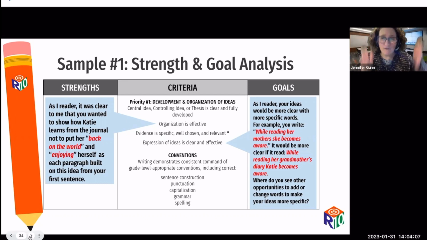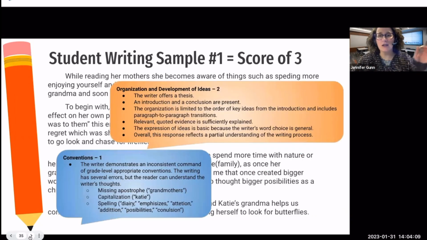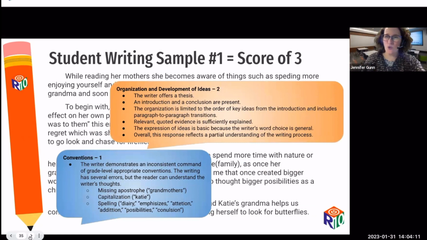Now, that feedback should align with the score that the student would earn. And this student scored a 2 on the organization and development of ideas because they did have a thesis. They do have organization. It's still somewhat limited to the key ideas they present, but they do have it. And it even includes some paragraph to paragraph transitions.